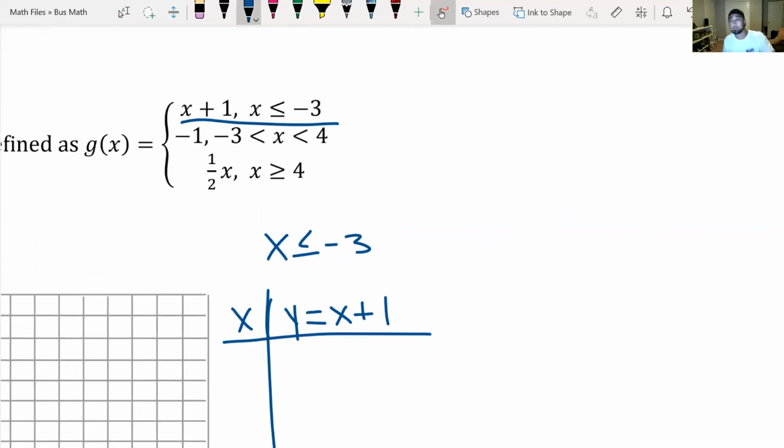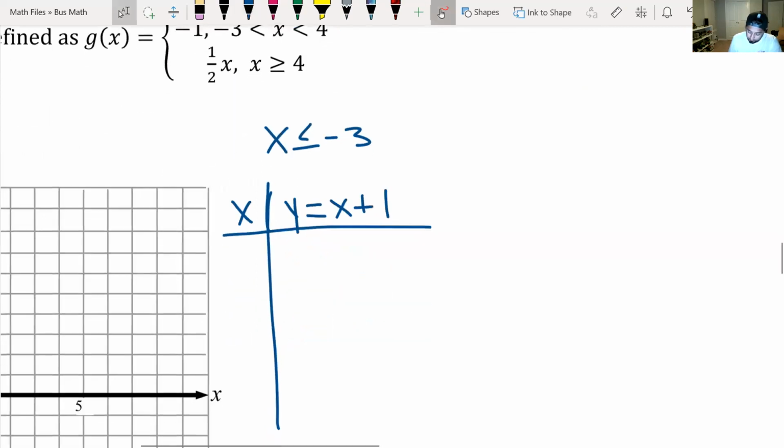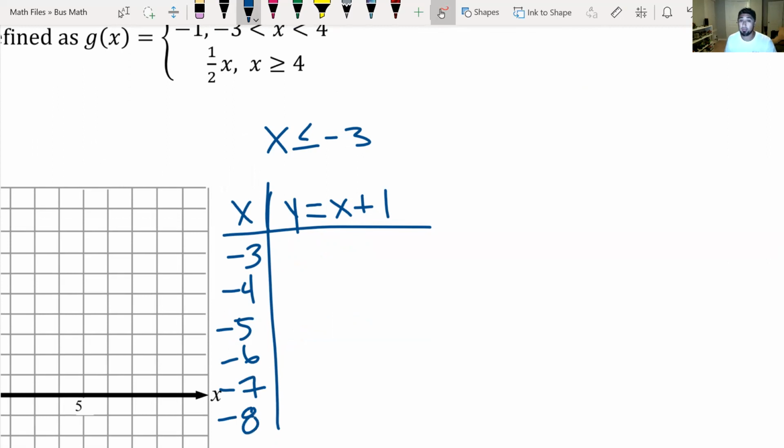So again, it's telling us what to pick. We need to choose values less than or equal to -3. So we start at -3 and we go less than. -3, -4, -5, -6, -7. Why not? I'll throw a -8 in there. And again, plug all these numbers in for X.